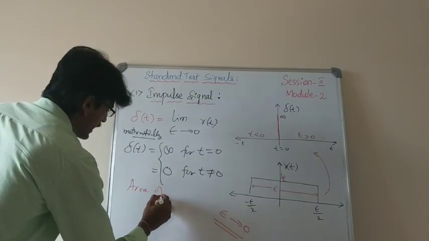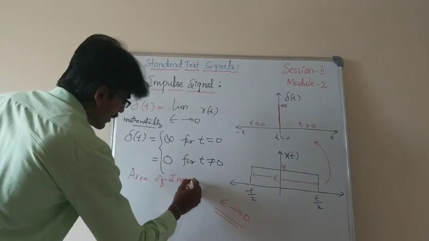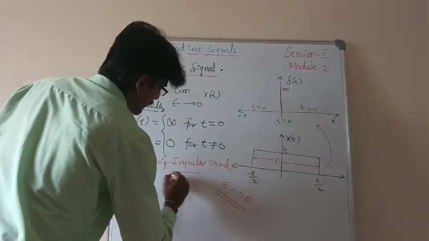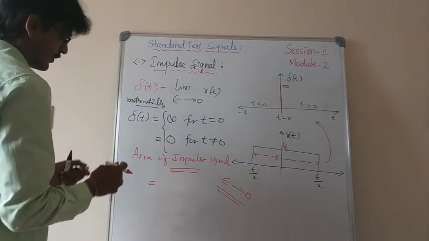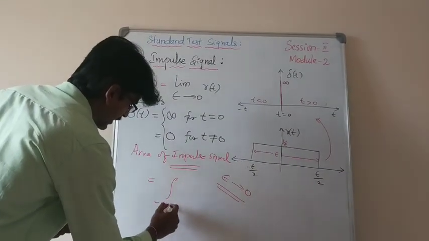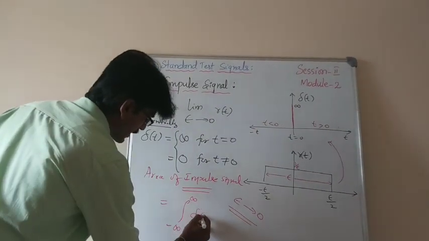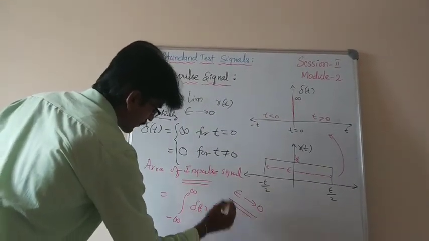So, the area of the impulse signal is equal to the integral from minus infinity to plus infinity of delta t dt.